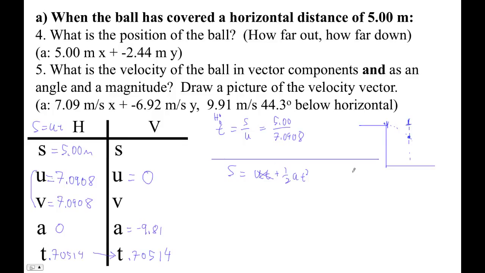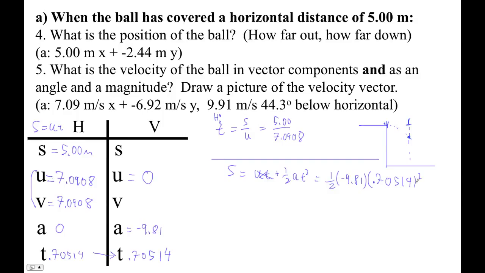Right, now there is no initial velocity, so it equals 1/2 times negative 9.81 times our time, right? 0.70514. Don't forget to square that. Okay, so here we go. 0.5 times alpha t squared. Whoops. Alpha t squared. I stored it in the letter t, so now I can just use that, right?